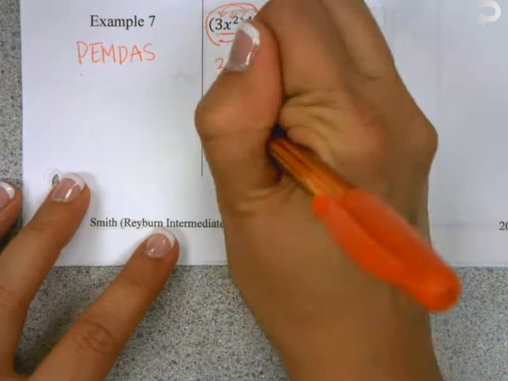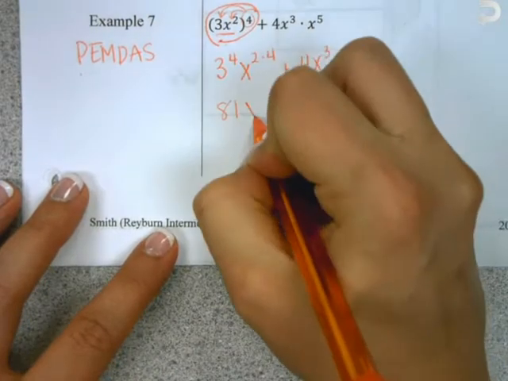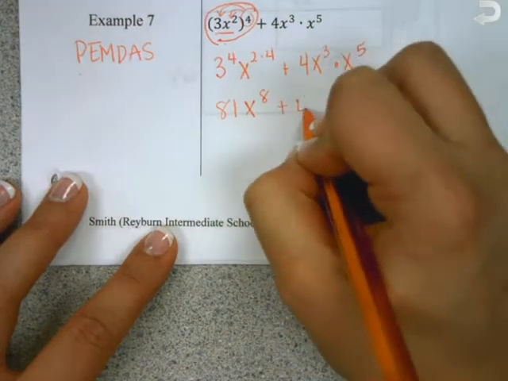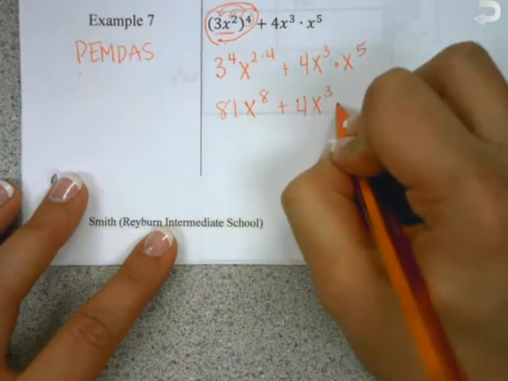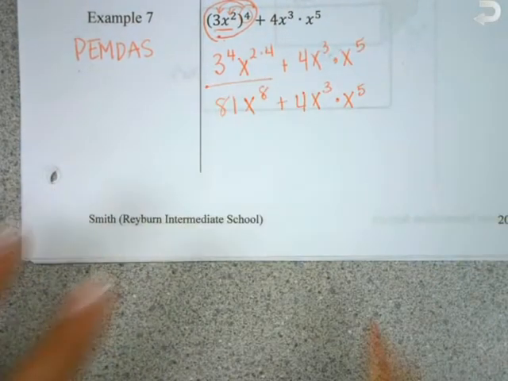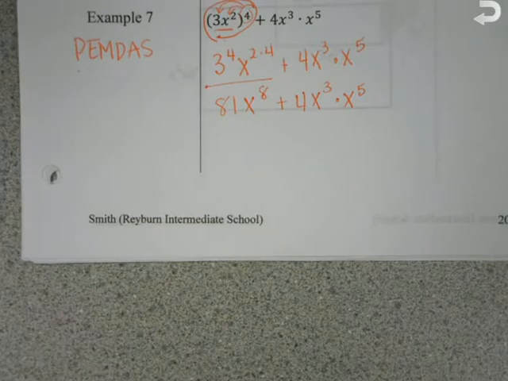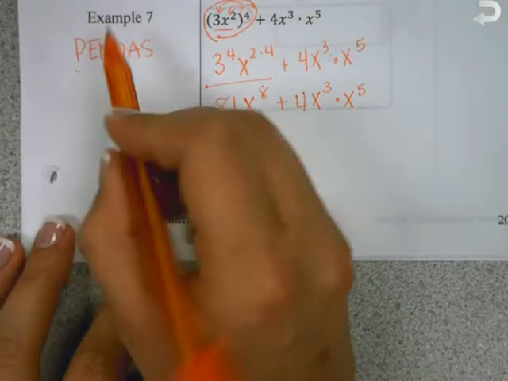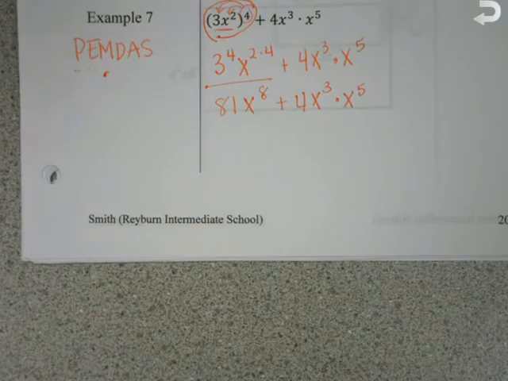So I did parentheses, exponents, multiplication. Do you guys see any multiplication? Yeah. 4x to the 3rd times x to the 5th. What do I do with the exponents when I am multiplying? Do I multiply or do I add? Raise your hand for multiply. Raise your hand for add. Good.